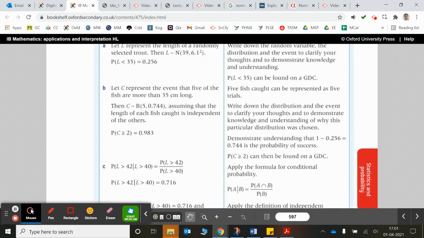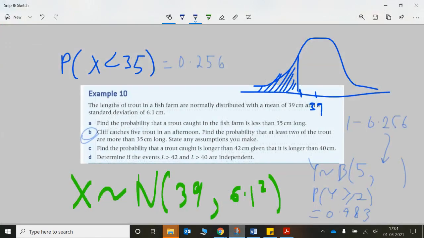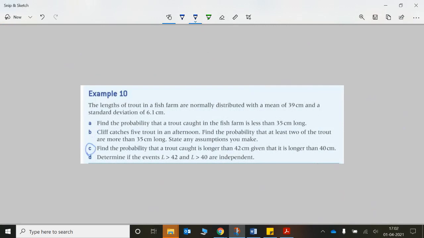Right, okay, so for part C, let's just get rid of everything here for the moment. Okay, so for part C, it says find the probability that a trout caught is longer than 42 centimeters, given that it is longer than 40 centimeters. So you're asking for the probability of this. I think I called it X, but they're calling it L now.